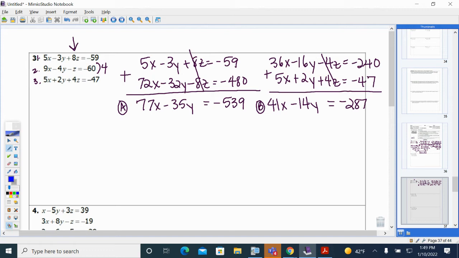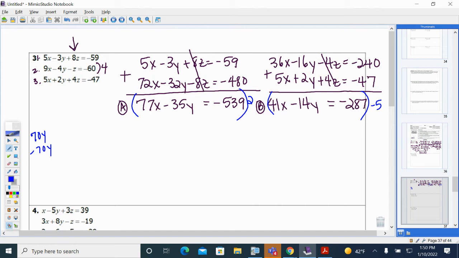I'm going to eliminate my y's by making one of them a positive 70y and one of them a negative 70y. Well, equation A, if I multiply that by 2, I can get a negative 70. If I multiply equation B by a negative 5, because negative 14 times negative 5 is a positive 70.